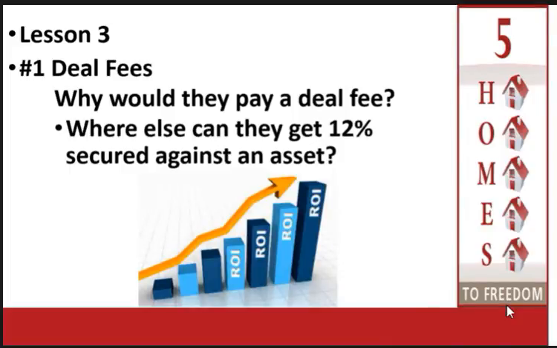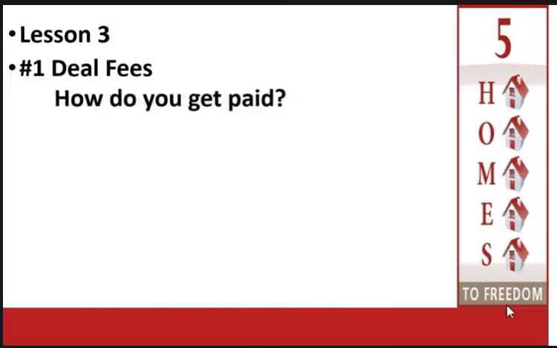And I think we would agree that 12% is an excellent return for just handing your money over, doing nothing, completely hands-off, and is secured against a good, solid investment like real estate. So these are the things that you need to be able to explain to your joint venture partner to justify your fees. To justify getting into the deal with you, to give you the 50-50 split or whatever it is you've negotiated, but also to give you that deal fee up front.